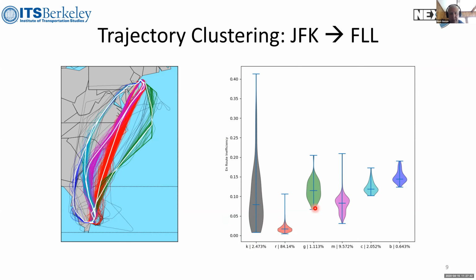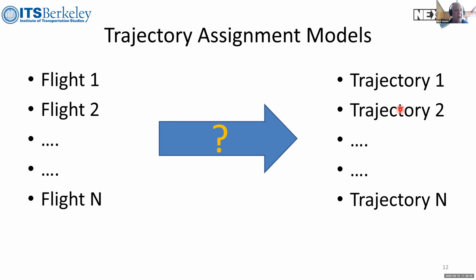If we go back and look at all those trajectories between Houston and Boston, there are a lot of flights, a lot of trajectories, and as we said, each trajectory is unique. So it would be interesting to try to understand how we can model which flight took which trajectory.